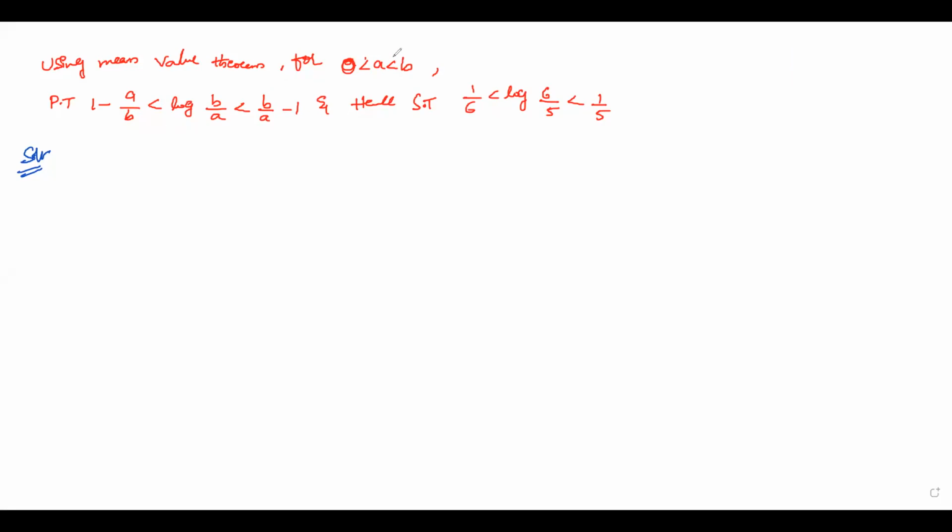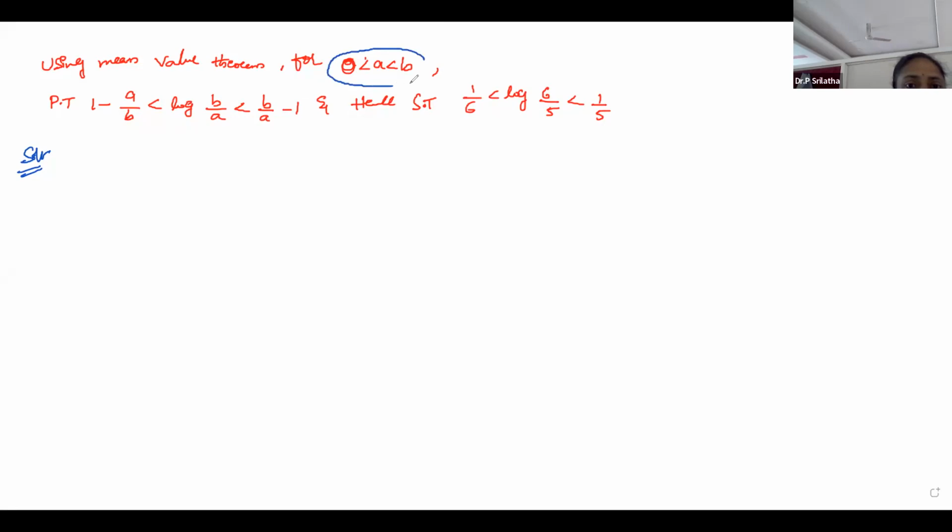So that's why they have given this condition. So what is the meaning of this? Always A and B are both positive. A is greater than 0 and B is greater than 0. Otherwise in the differentiation, you will get infinity. So if it is infinity, the differentiation does not exist.